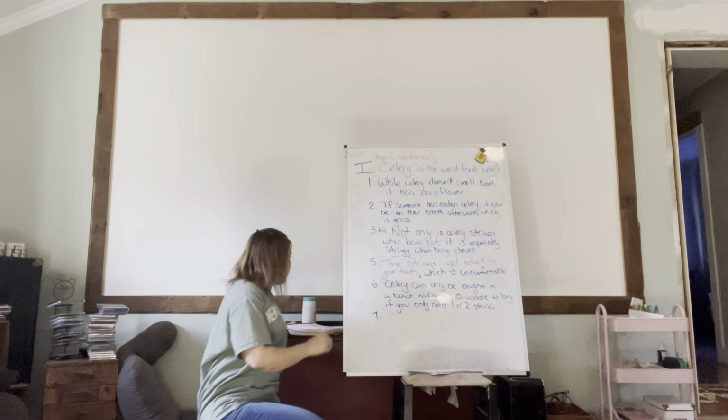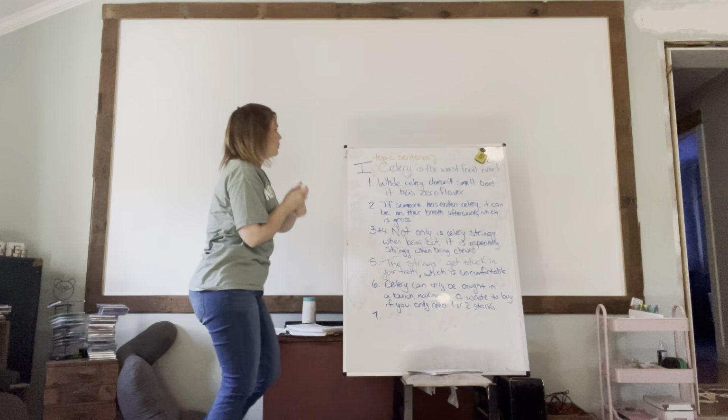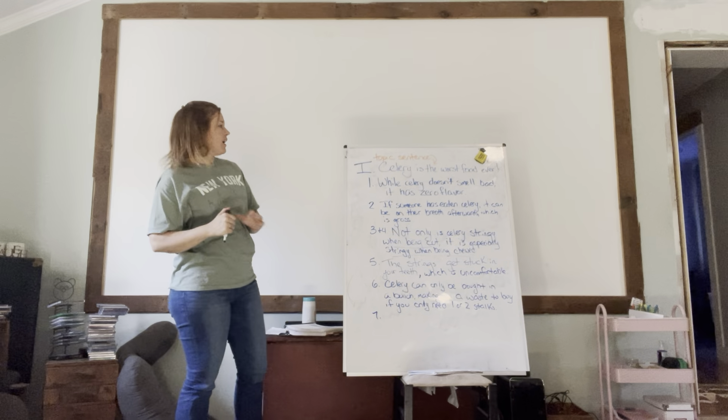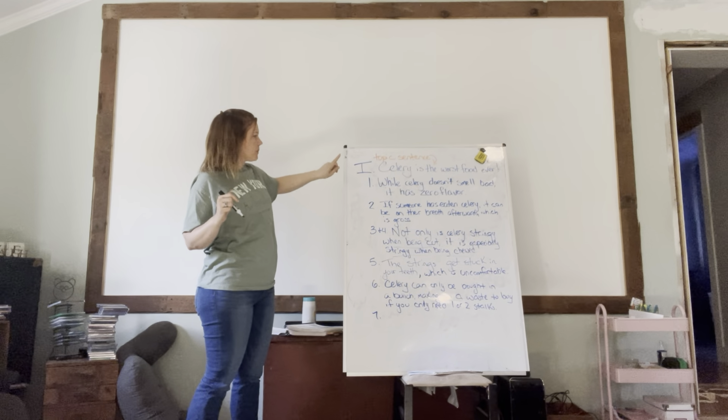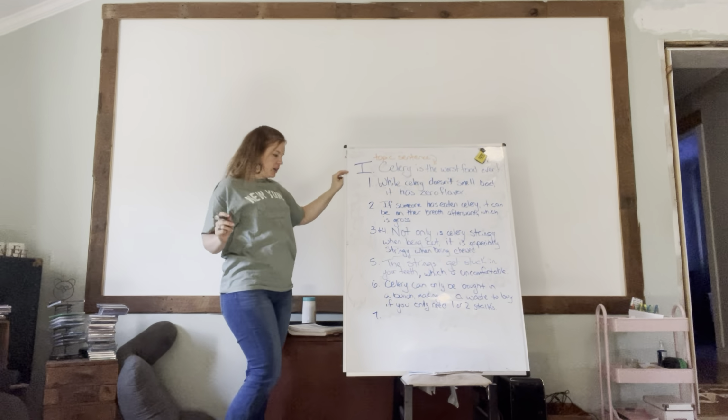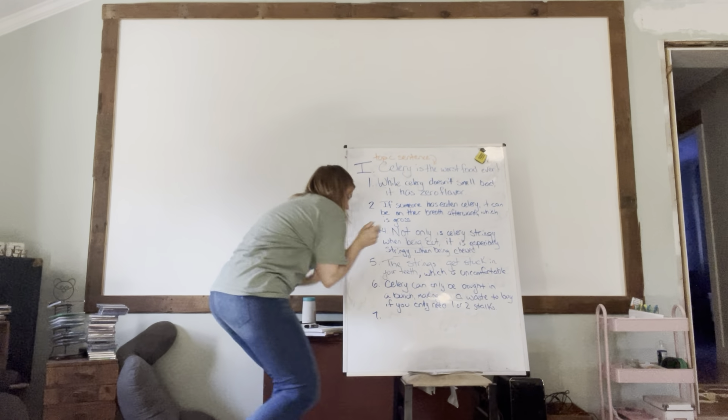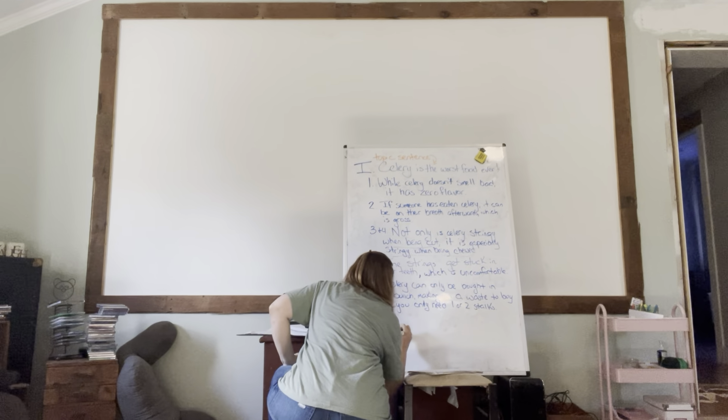So I wrote this all out because I want us to actually go back through and underline the facts. So my topic sentence, celery is the worst food ever. Actually, I should write the last one. For all of these reasons.